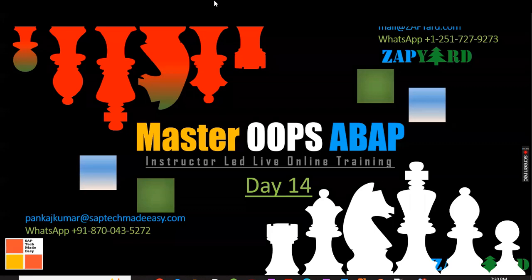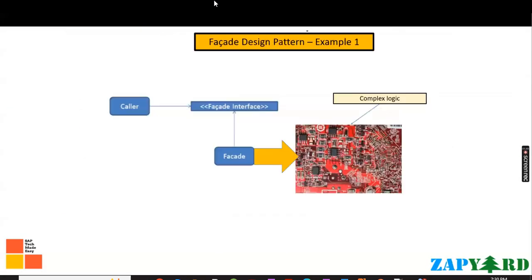But before going ahead, let's have a quick recap of what we did in our last class. In the last class, we saw the facade design pattern. We understood the meaning of facade. Facade is nothing but front end. You are just going to minimize the complexity of the backend implementation. The face through which you interact should be simple. That's the meaning of the facade design pattern. For example, we have seen the BAPI. All BAPIs come under the facade design pattern.